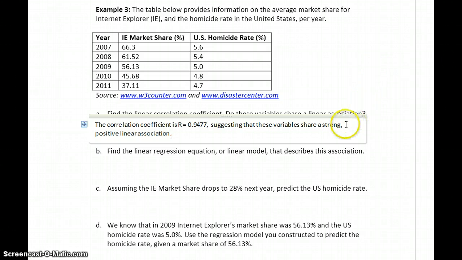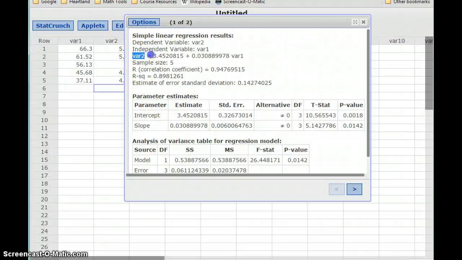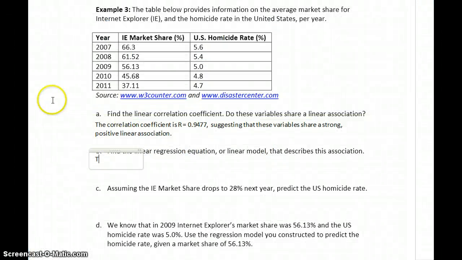Since there is a strong association, we can go ahead and construct our linear regression equation, or linear model, which the same screen has already output for us. In this case, the regression model is y equals 3.452 plus 0.031x.